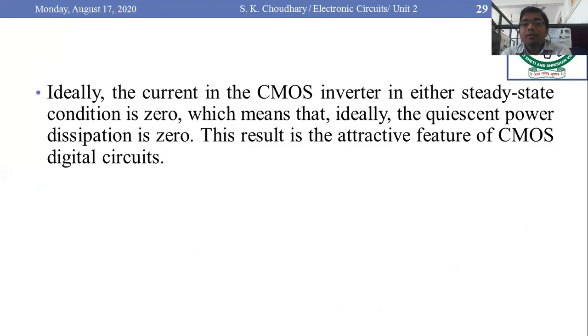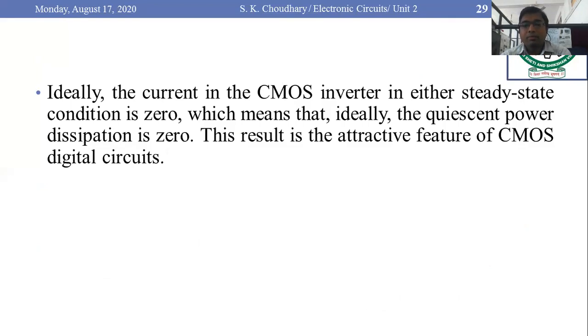So ideally, the current in the CMOS inverter in steady state is 0. We have already discussed in the properties of CMOS that ideally the quiescent power dissipation is 0. This is the most attractive feature of the CMOS digital circuit.